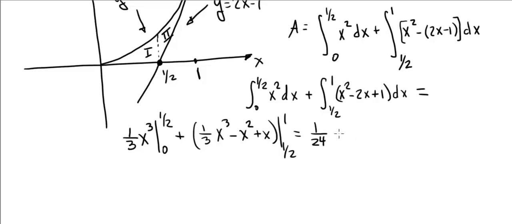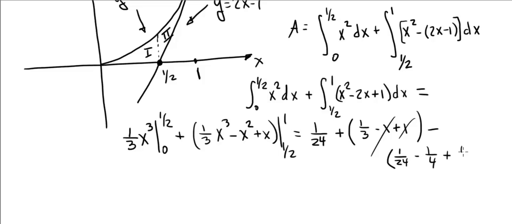Plugging in 0 yields 0. Next we put 1 into the second part: 1/3 minus 1 plus 1, where these cancel. Minus, putting in 1/2, once again we have 1 over 24 minus 1 over 4 plus 1 over 2.